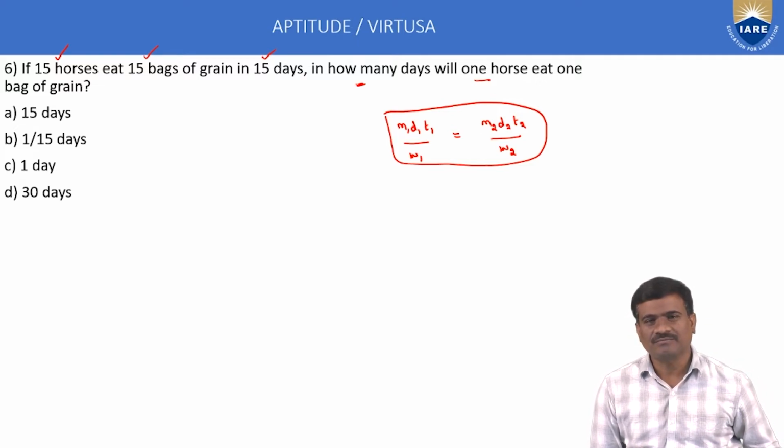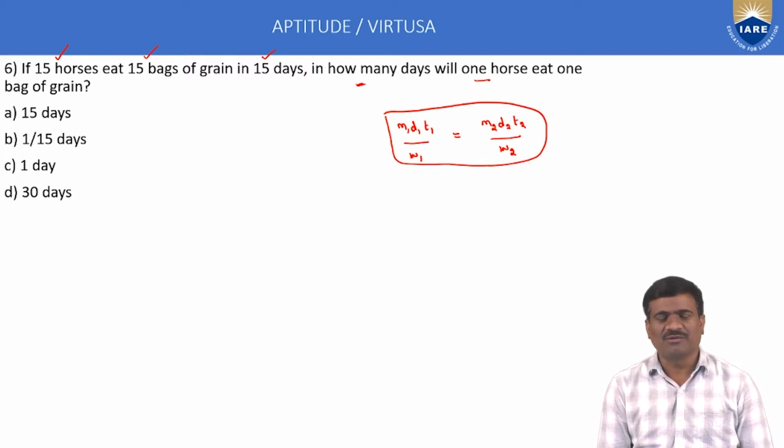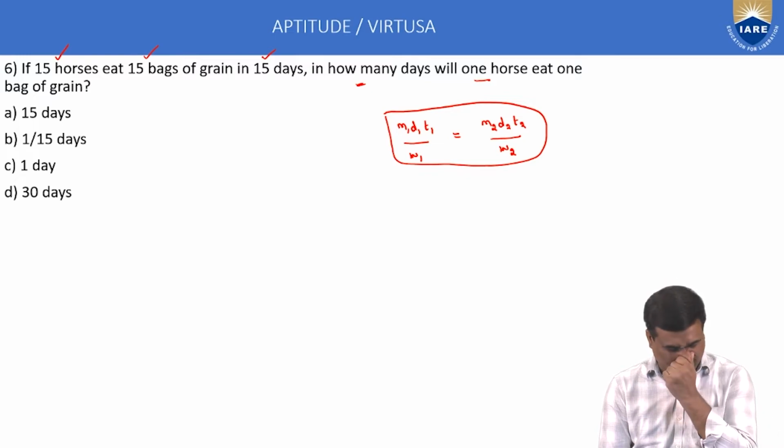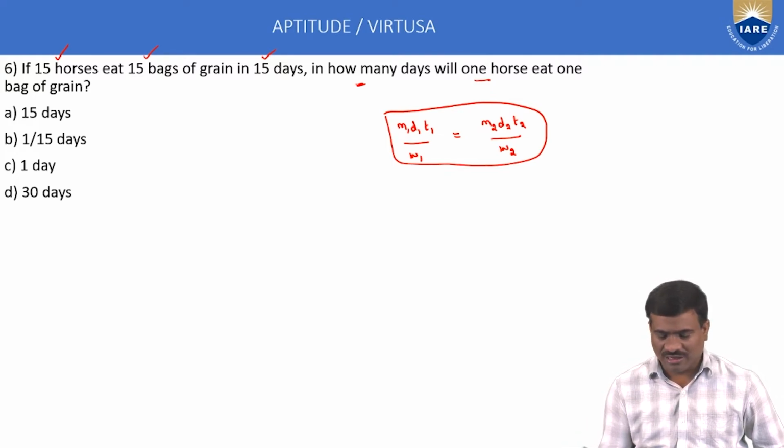Here M indicates the number of articles or number of objects or persons. D indicates days, T indicates time, W indicates work or total. First statement, M1 is equal to 15, D1 is 15 days, and the number of bags is called work.